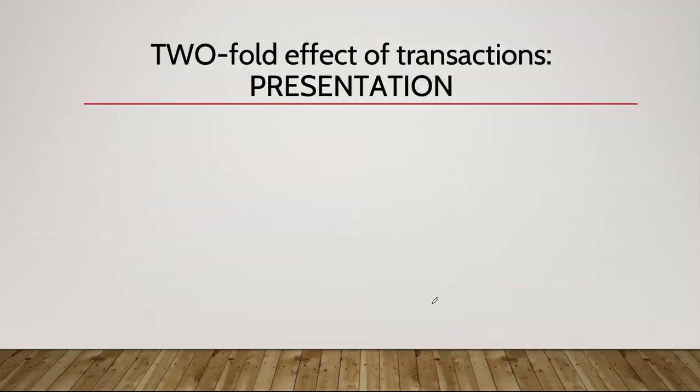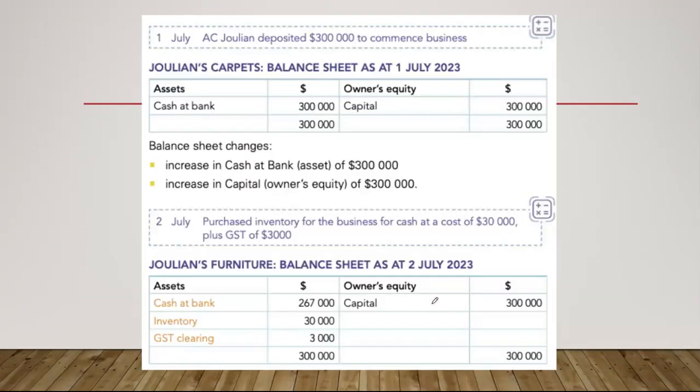Now we need to understand each time this happens, my balance sheet is impacted. Each time my transactions impact my accounting equation, my assets, my liabilities or owner's equity, in reality, I am changing my balance sheet. Now, in reality, you don't change a balance sheet every time a transaction is made.